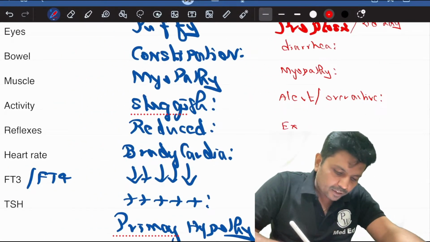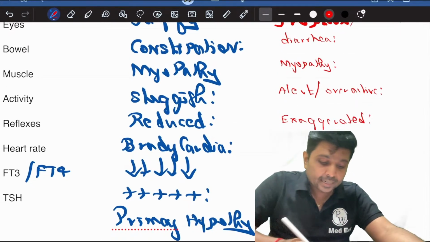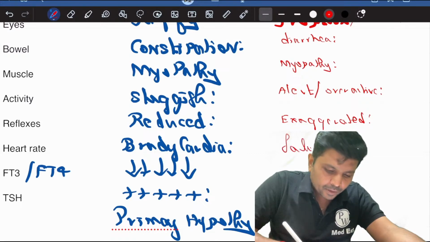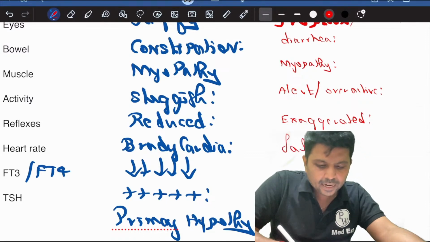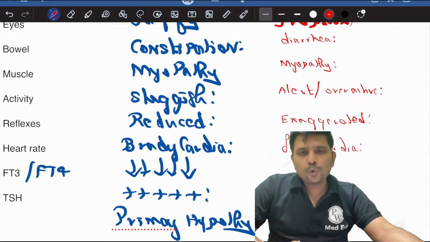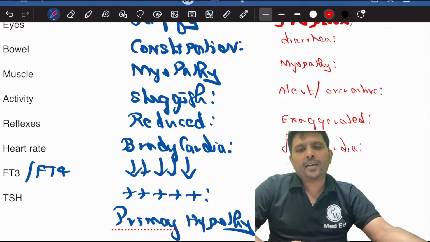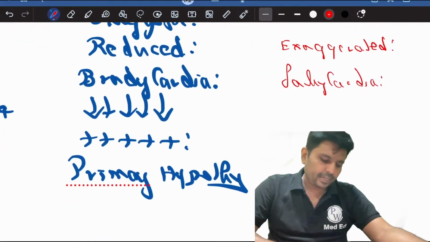Deep tendon reflexes are exaggerated. Heart rate, tachycardia. Any adult with a sudden onset cardiac decompensation, always rule out hyperthyroidism. The most important clue for hyperthyroidism is tachycardia.